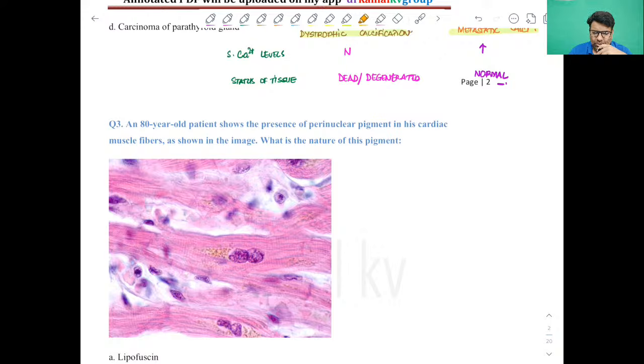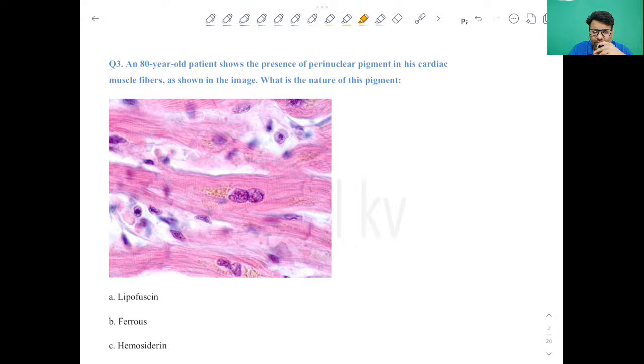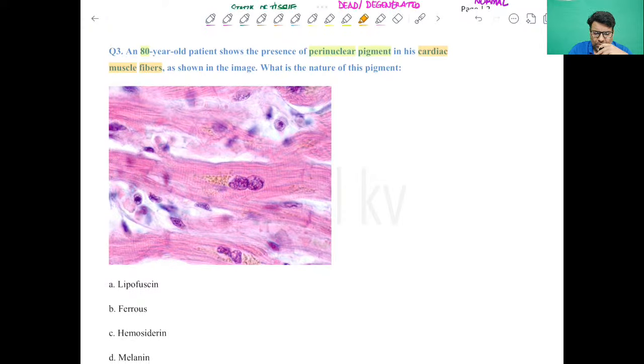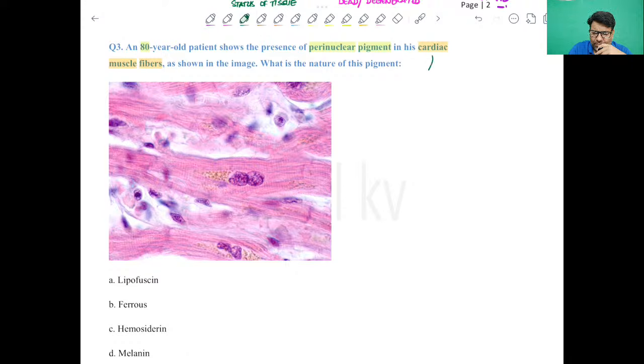Then another question is about pigment deposition. Here, an elderly person has a perinuclear pigment, and this is classically discussed in relation to cardiac muscle fiber. The clinical picture is given. Now what can be this tissue? So especially in relation to cardiac myocytes.